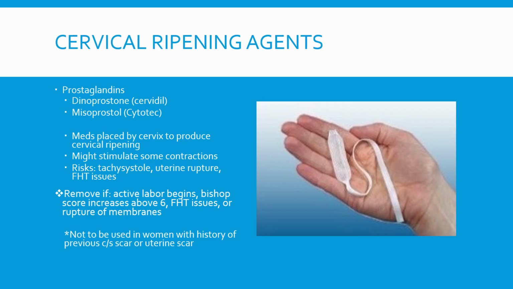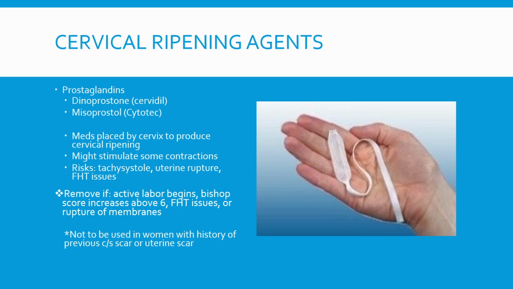It can be placed vaginally, orally, buccal. So these two medications are not used together. You use one or the other. They're placed to help the cervix ripen. It might stimulate some contractions.